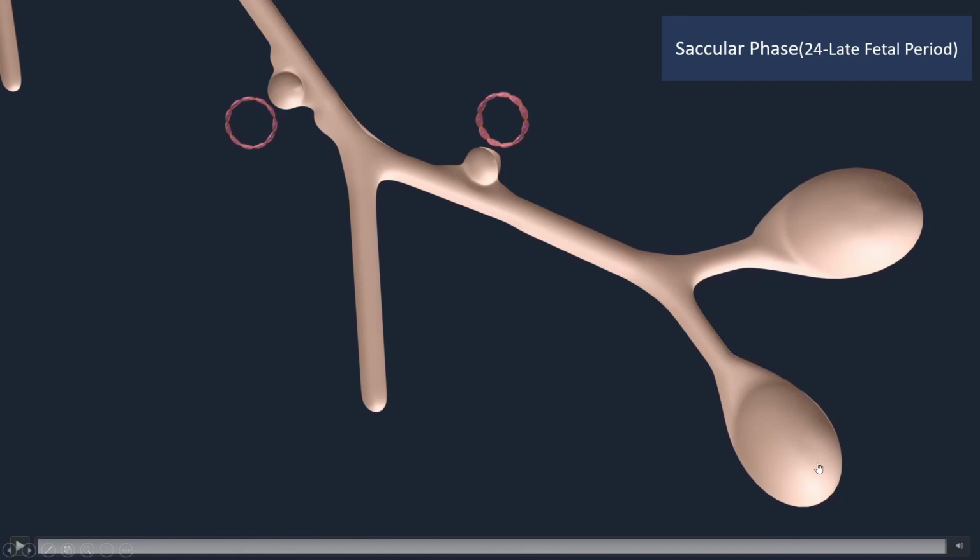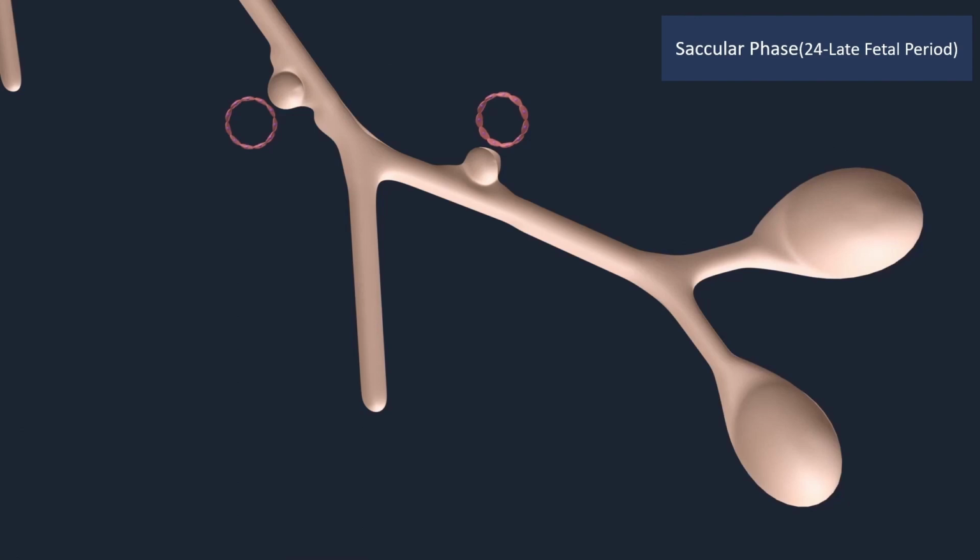Because of this, some authors suggest that these sacs must be deemed temporary or transitory structures. This saccular phase starts from about the 24th week of development, and it continues towards the late fetal period, that is about the 36th or 37th week of development.